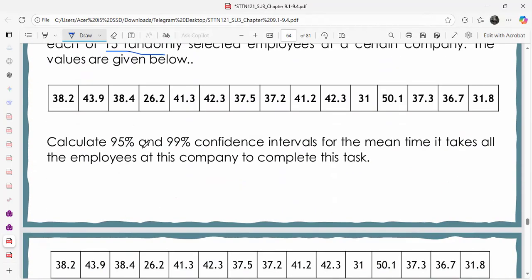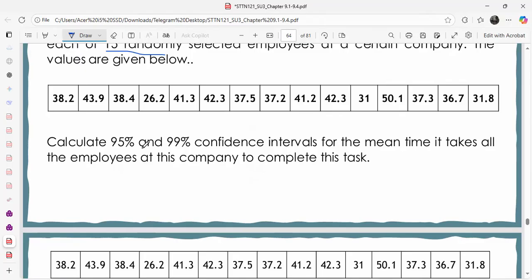Then they want you to calculate the 95%, 90% and 99% confidence. For 95%, we know that it's 1.96. For 99%, it's 2.58. And then 90% is 1.645.